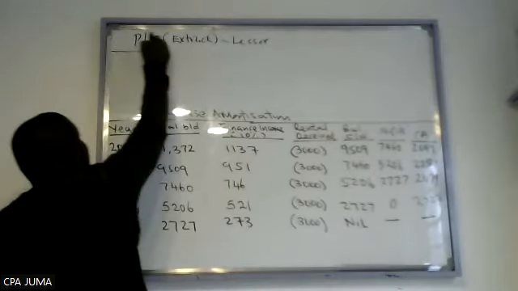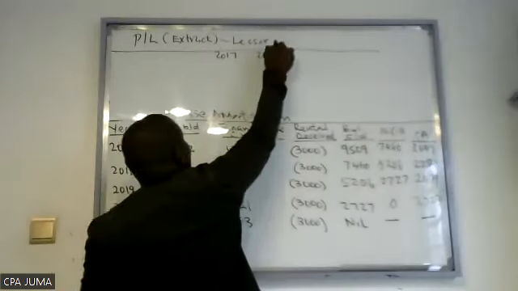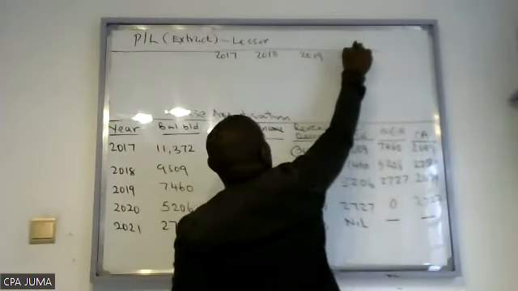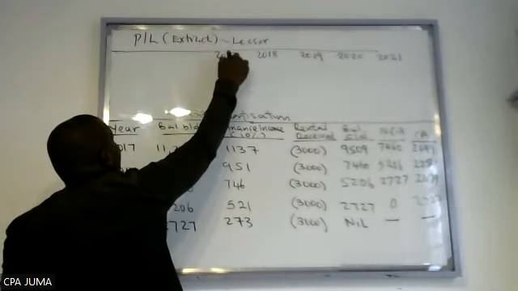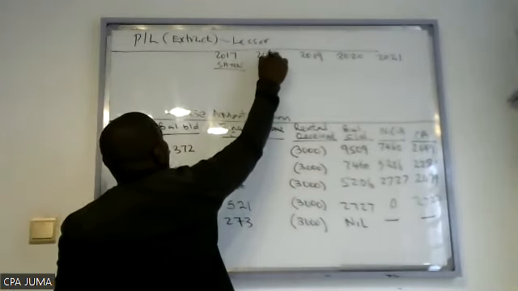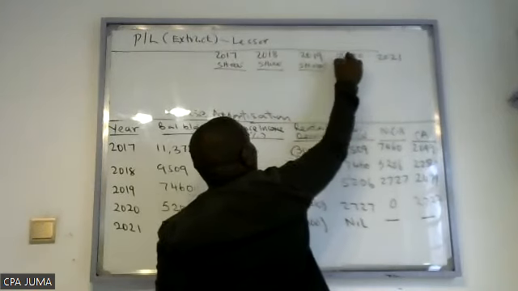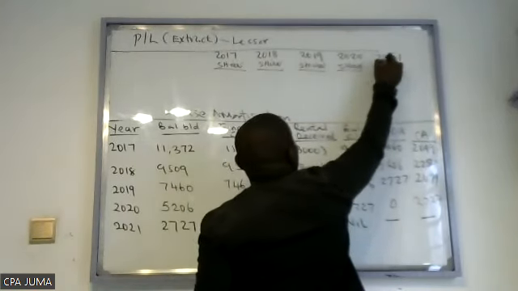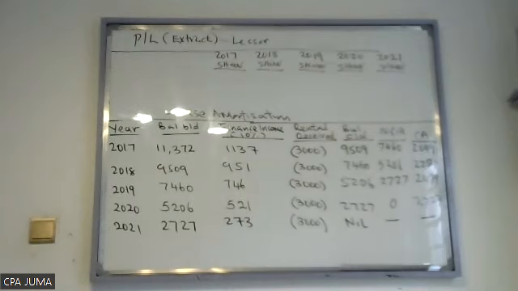So the examiner wants for all the 5 years. So 2017 all the way.